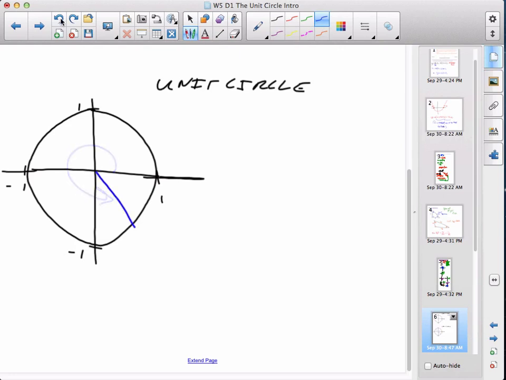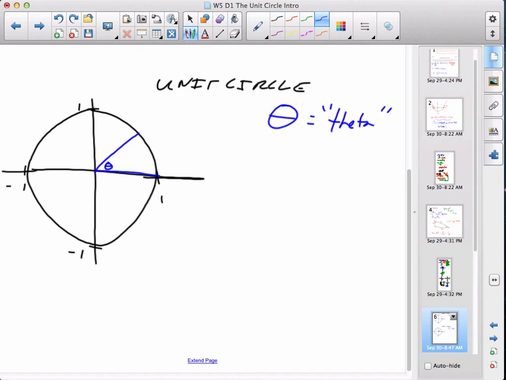I can throw up an angle on my unit circle like so. Why don't you do the same? So I've got some angle. I'm going to call this angle theta. Remembering theta from before, we often use it as a variable for an angle. Okay, so we've got some angle theta. So far, so good, right?